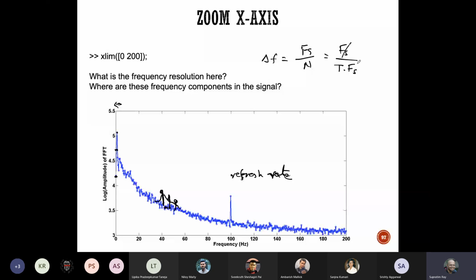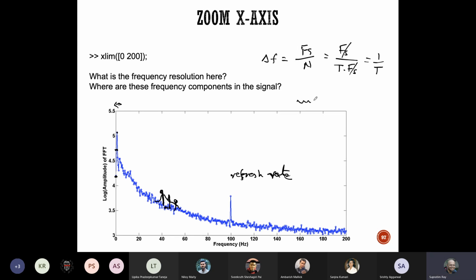And fs actually cancels out, you're left with 1 by T. Okay, and this is a very, very important concept to realize, that the only way for you to have good frequency resolution is to actually compute the Fourier transform over a very long signal.